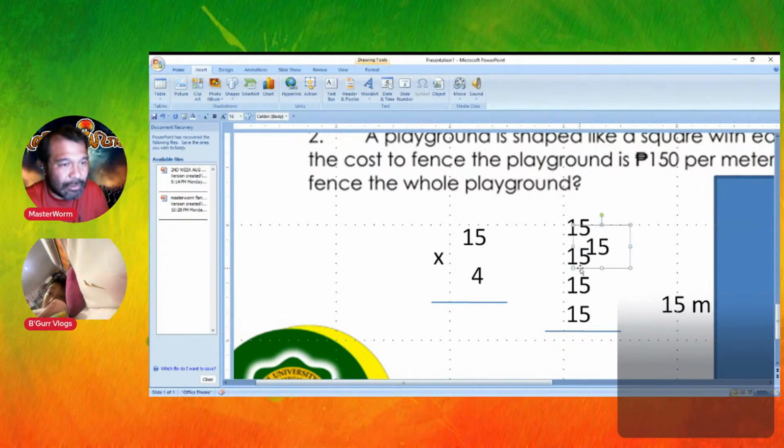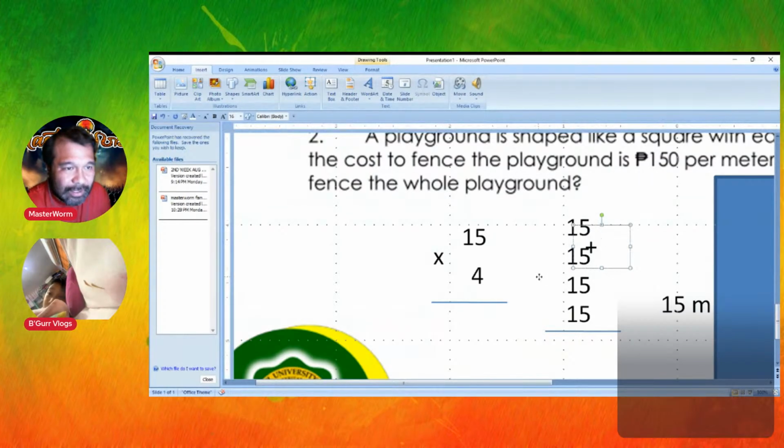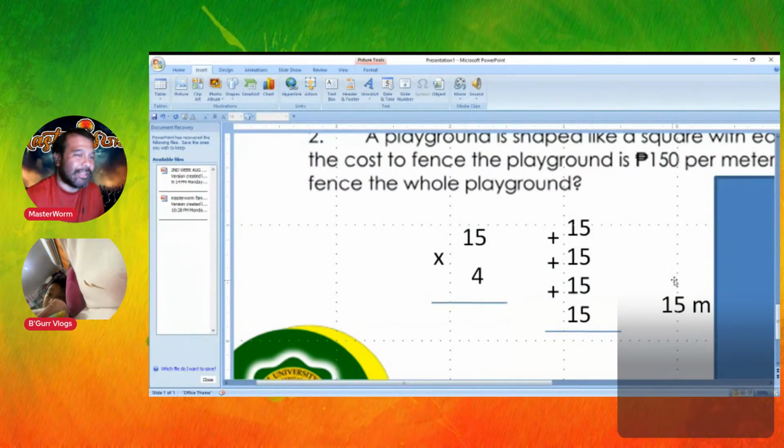That's why multiplication is a shortcut for addition. They're the same. Okay? So, 15 times 4 is the same as 15 plus 15 plus 15 plus 15.